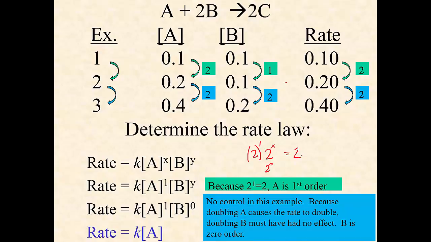So the rate law for this, you leave out the B. So even though you have a coefficient of 2B in the balanced equation, it is not in the rate law. This is why it's so important to use your experimental data, because the balanced equation doesn't tell you what is happening. You have to use the data. And that's where if you know one, you can still figure out the other one because it's a cause and effect relationship.